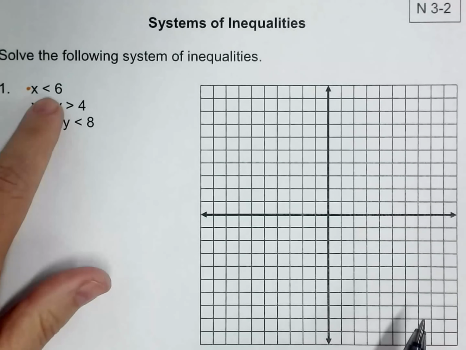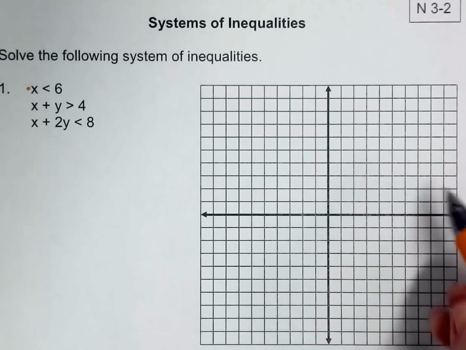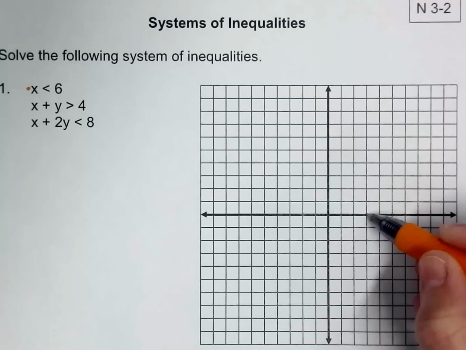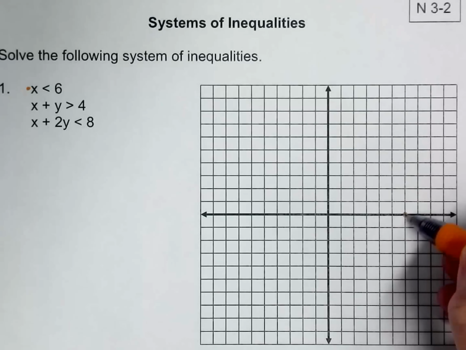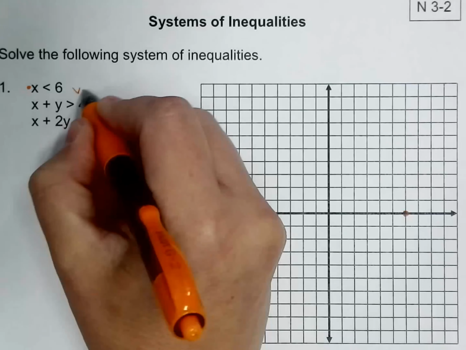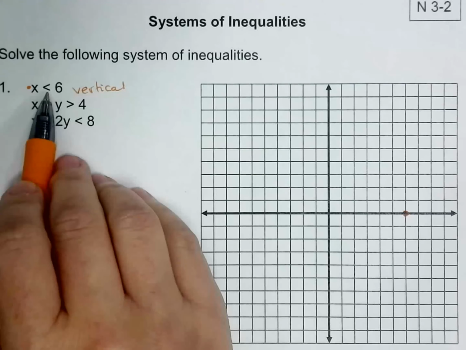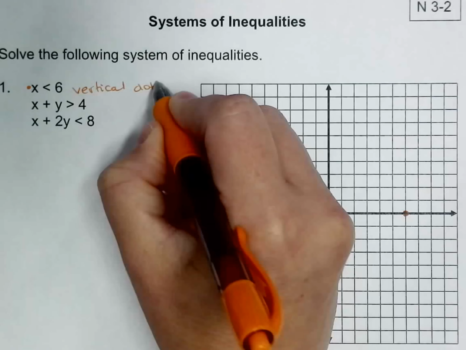So x is less than 6. So this is the x-axis. 6 is right there. So I know that this is a vertical line. And I also know the less than is going to be a dotted line.